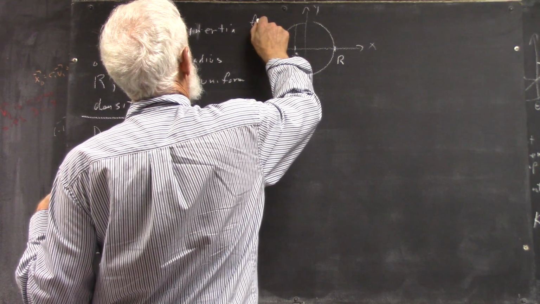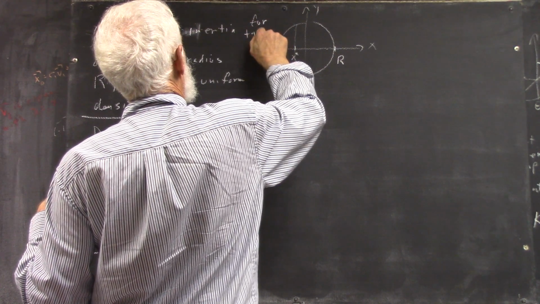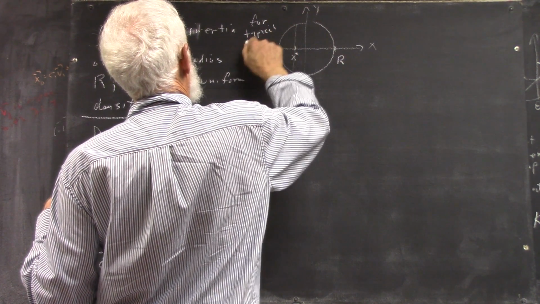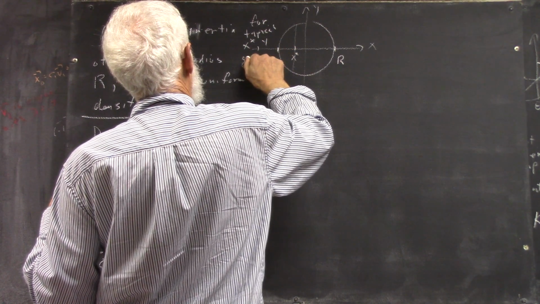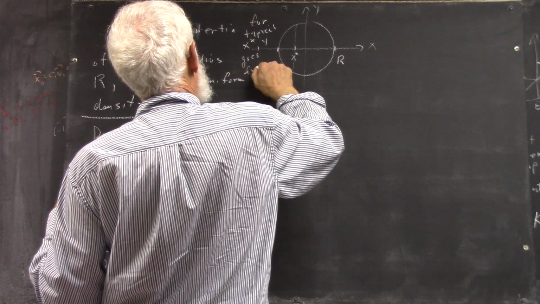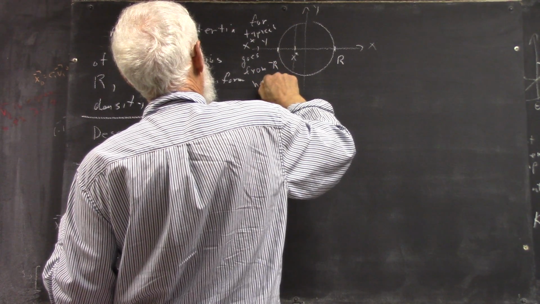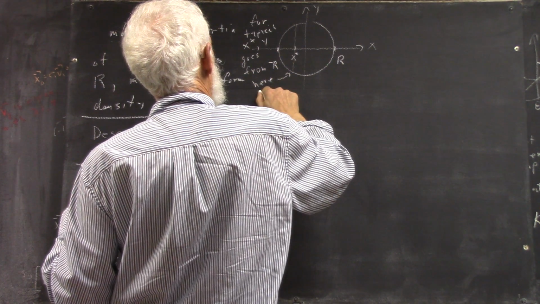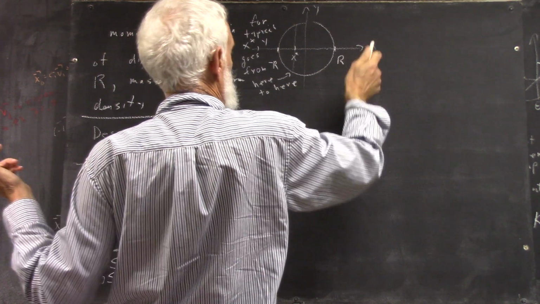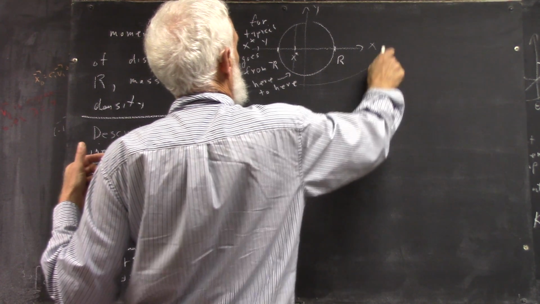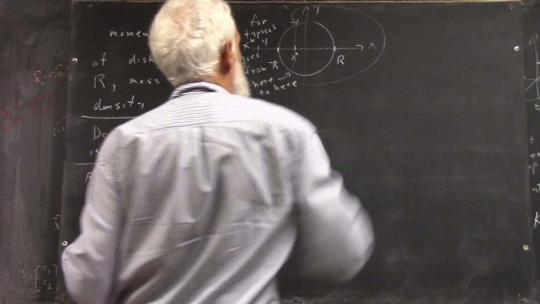So, for typical X star, Y goes from here to here. And of course I've written this, so I can't even figure out where the arrows are supposed to go, right?